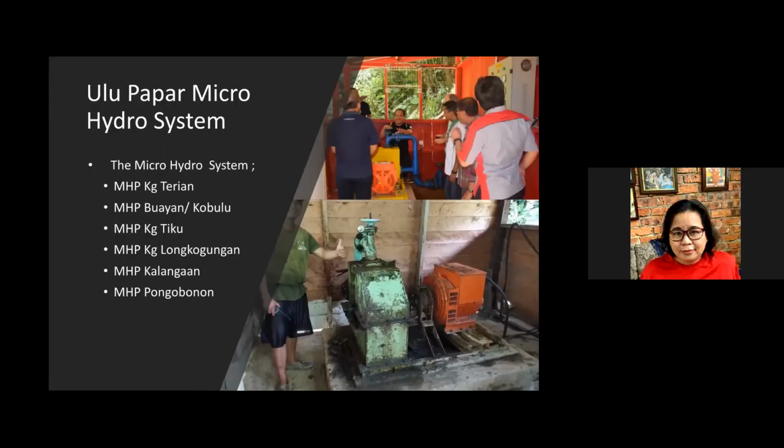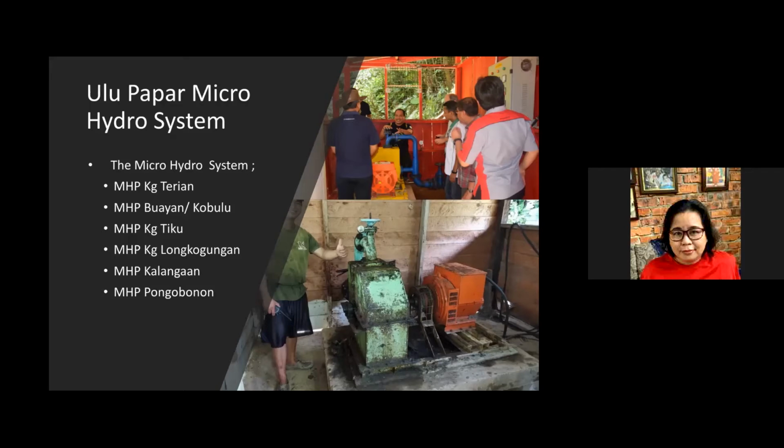The first service that we have done is in the Ulupapar microhydro system. Ulupapar is situated in Penampang, not very far from Kota Kinabalu. There are 6 microhydro systems in this area: Kampung MHP Tirian, MHP Kobulu, MHP Kampung Tiku, MHP Kampung Longkogungan, MHP Kalanggaan, and MHP Pongobonon.